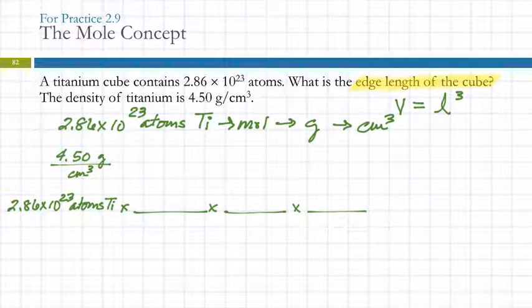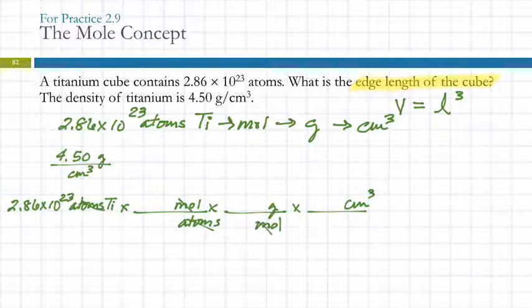Atoms, moles, grams, cubic centimeters. It's a very nice pattern. To get rid of atoms, I divide, and then I need to get rid of moles. So I divide, those cancel out, and I get rid of grams, and divide, and they cancel out.